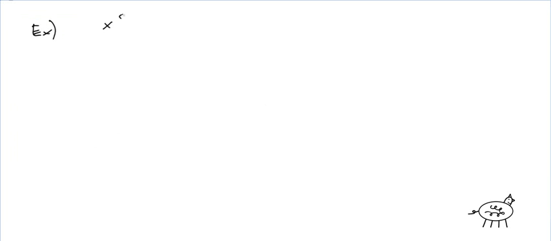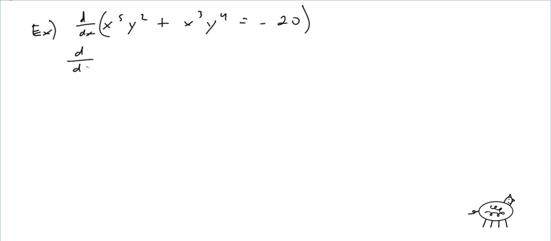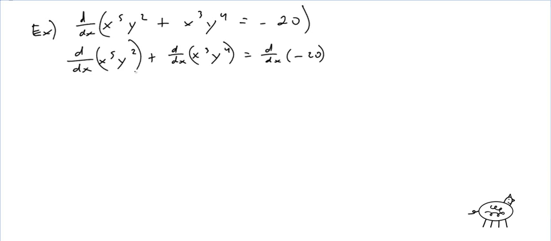You've got x to the fifth y squared plus x cubed y to the fourth equals negative 20. So I'm going to do d by dx of that, taking the derivative with respect to x. Again, I'm going to show a lot of steps here, math fans. x to the fifth y squared plus d by dx of x cubed y to the fourth equals d by dx of negative 20. As you can see, we're going to be using the product rule because you have two variables multiplied.